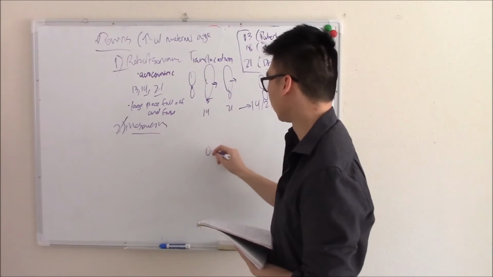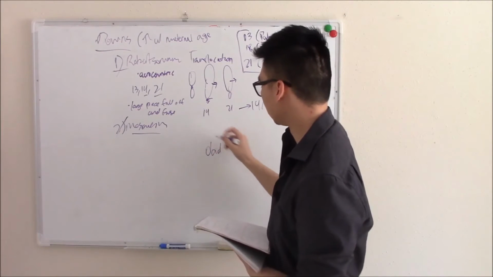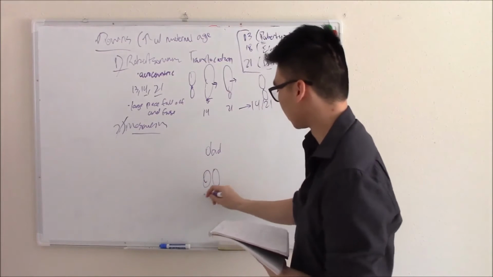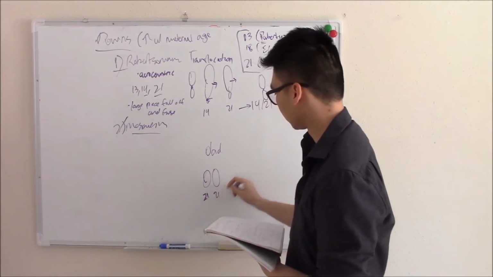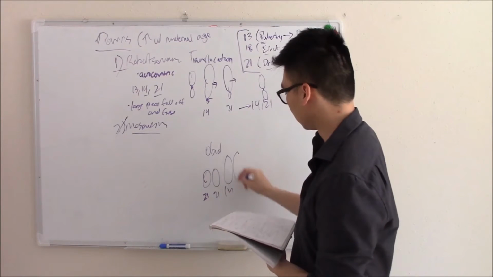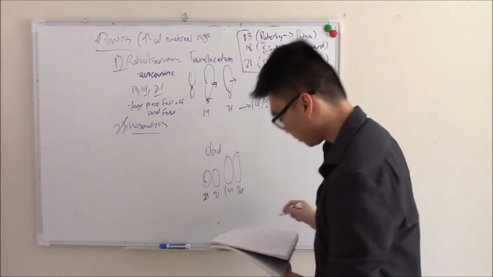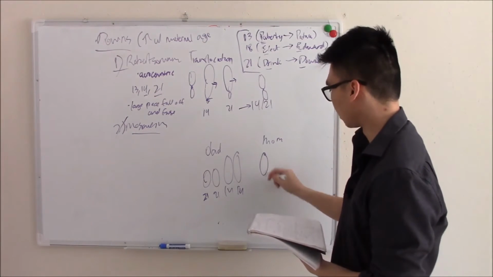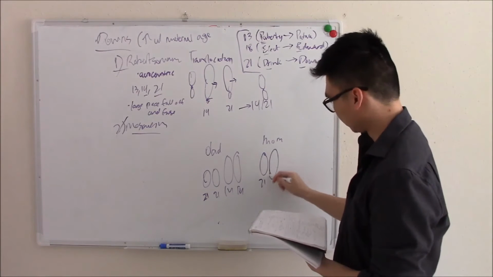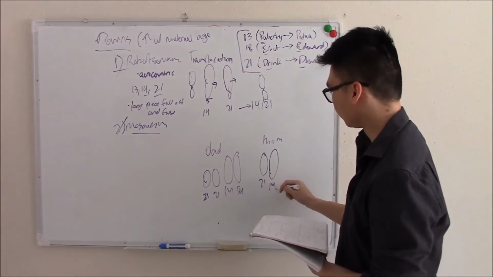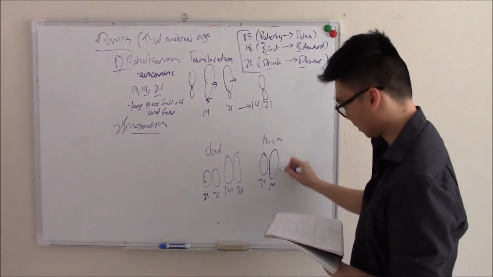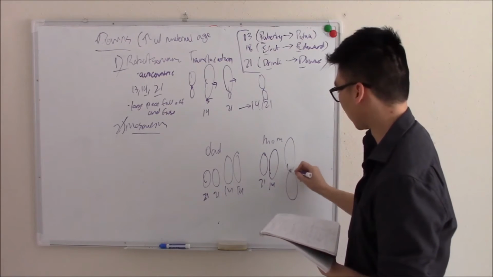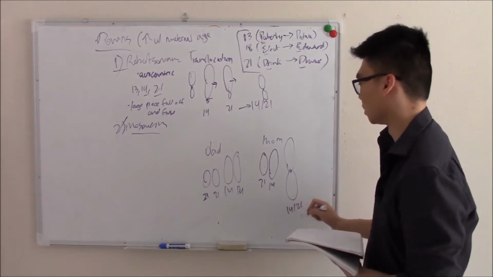So if dad has a normal chromosome 21, a normal chromosome 21, a normal chromosome 14, a normal chromosome 14, and mom has chromosome 21, chromosome 14, normal, but has a Robertsonian translocated 14-21.